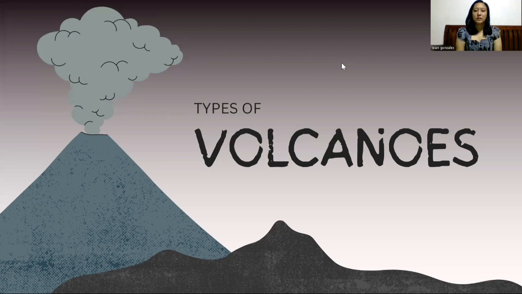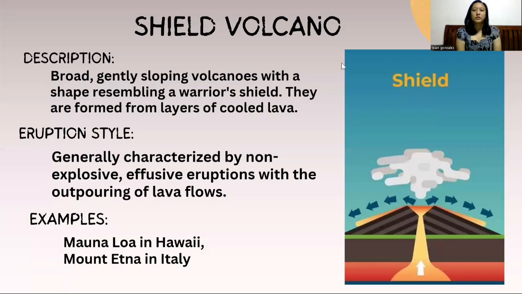Let's discuss the types of volcano. First, we have the shield volcano. It is a broad, gently sloped volcano with a shape resembling a warrior's shield. They are formed from layers of cooled lava.